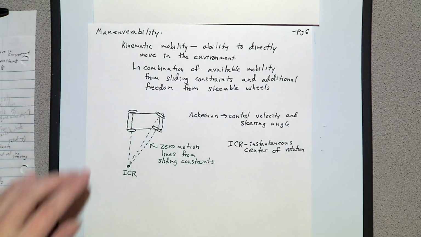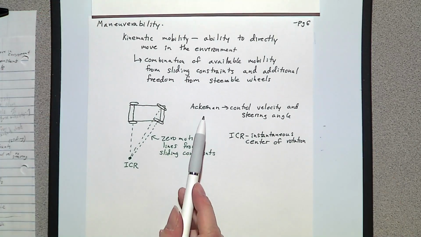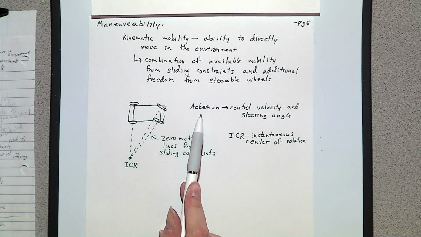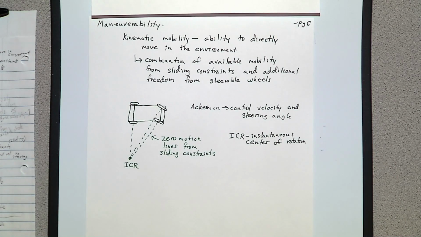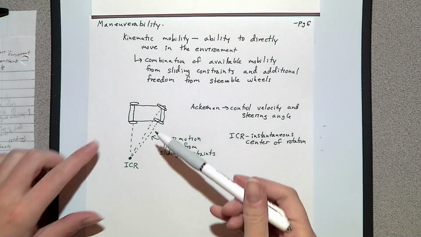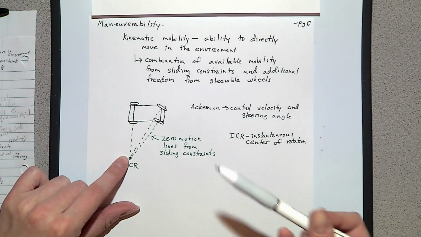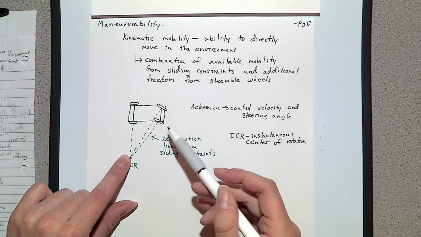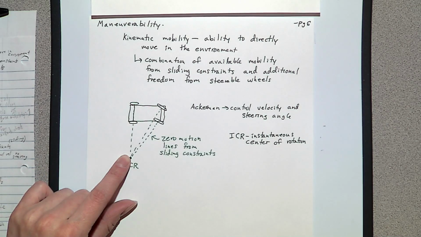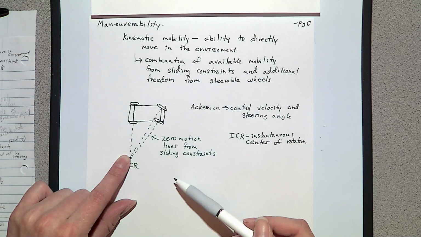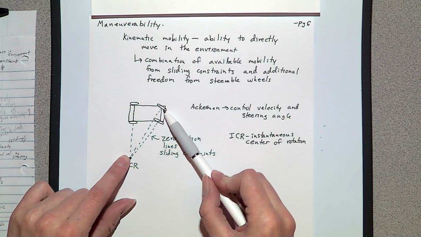And so this explains why when you're driving your car, you can't instantaneously move in any direction. Because of these sliding constraints, eventually you can change, right, as you keep changing your steering angle, but instantaneously your steering angle is fixed.